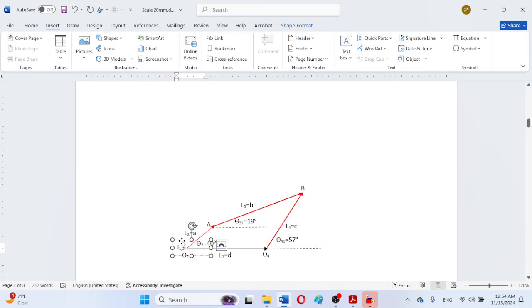So in this way permanent instant centers have been labeled.